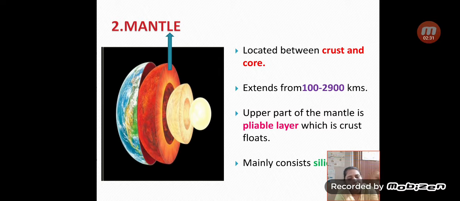The upper part of the mantle is a pliable layer on which the crust floats. Pliable means it bends but does not break, for example, leather.